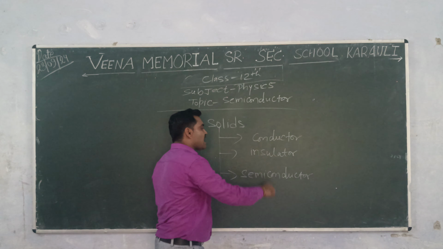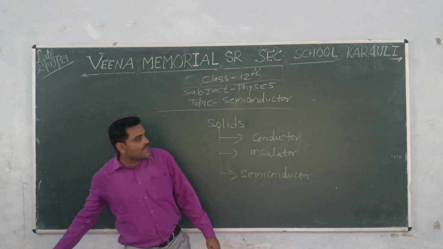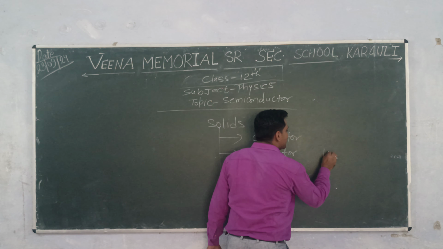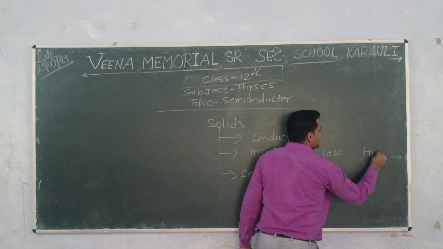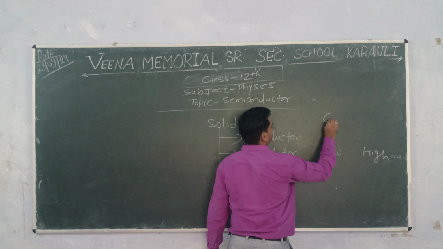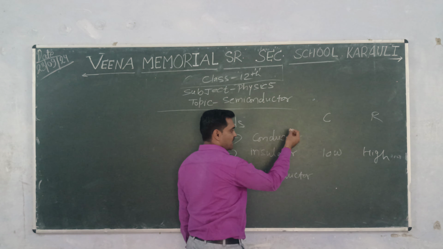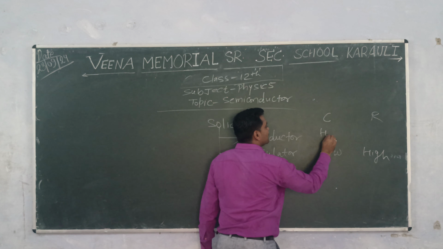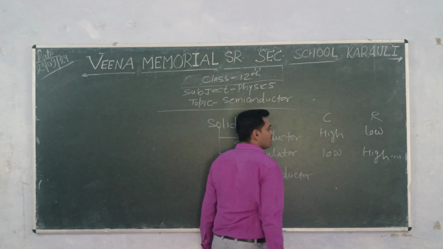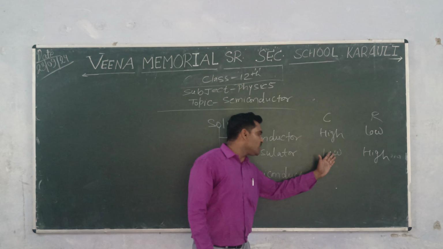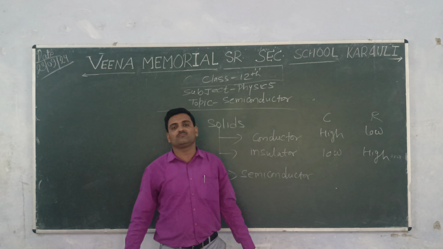When we discuss the insulator, its conductivity is very low and resistivity is very high. This is the conductivity and this is the resistivity. In the case of a conductor, conductivity is high and resistivity is very low, while in the case of an insulator, resistivity is high and conductivity is low.